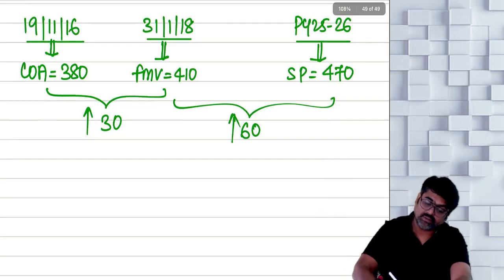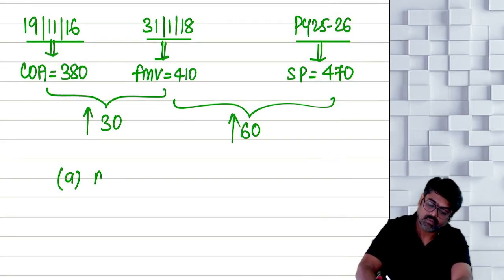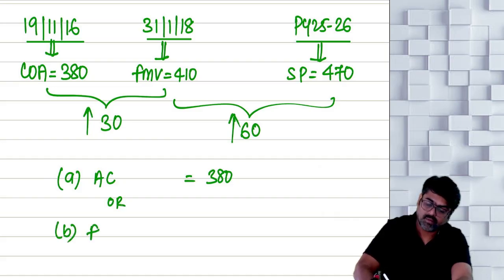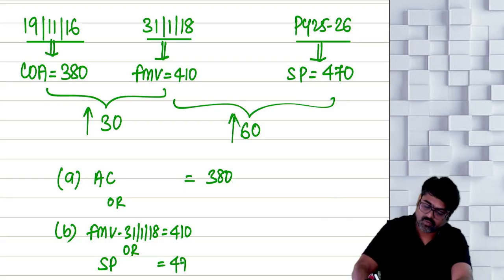So here in the first case, what cost we took? Tell me. A, actual cost, which was 380. Or B, fair market value on 31st January 2018, which was 410, which cannot be more than selling price, which is 470.